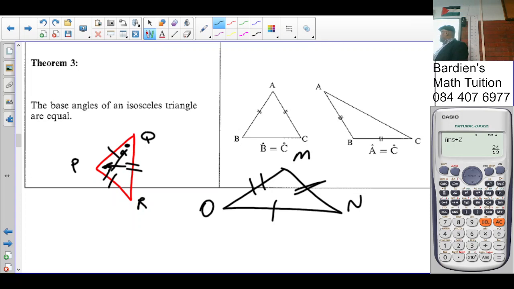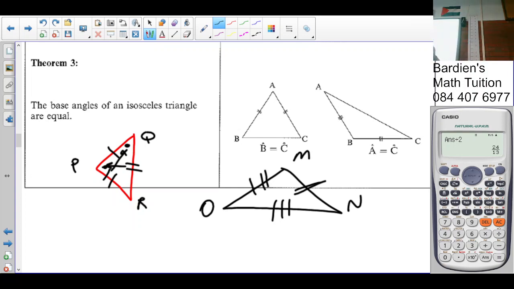There's 2 and here's 2, not so? So it's going to be O and? You all agree with that? Now? O and N. And now? M and N. Not so?